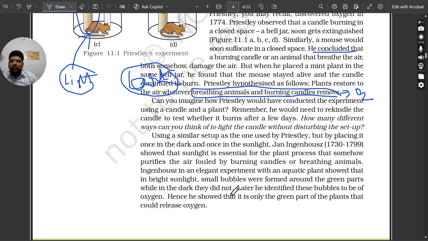He kept one pot with the plant in the light and another pot with the plant in the dark, and he saw that only under light conditions were bubbles coming out. So Jan Ingenhousz was the person who proved that light is required to evolve oxygen from green plants.